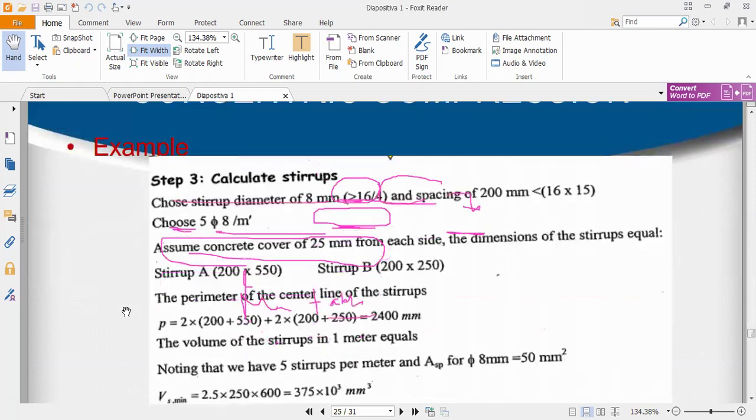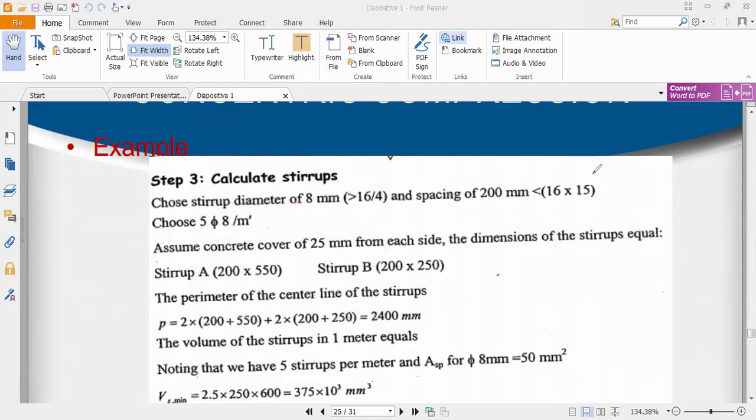After this, we would like to get the value of the strips, the volume of strips, and the number of strips to resist the shear. We have to have strips.